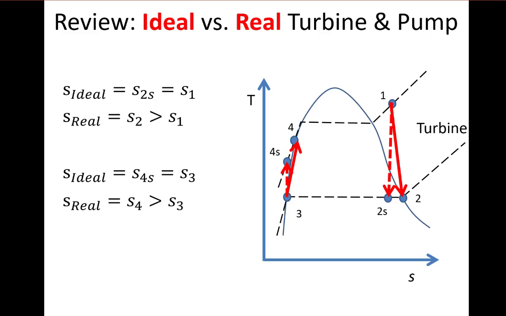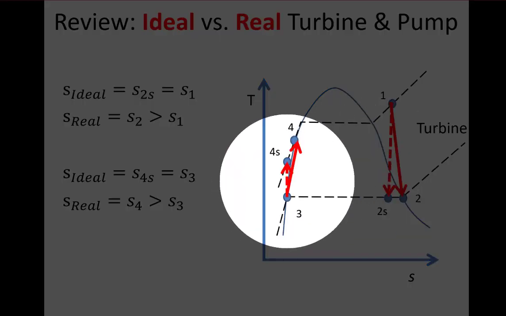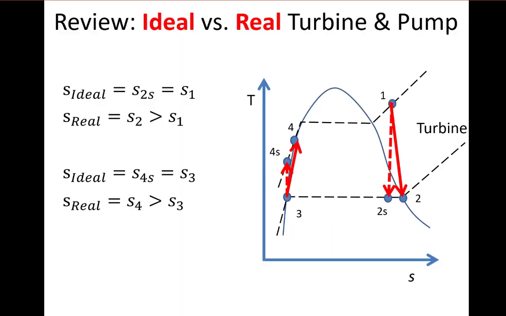How much power would that ideal turbine produce? And how much power are we producing in the real turbine? If I take the real turbine power divided by the ideal turbine power, I can define an efficiency for the turbine. The pump works a little differently because we're consuming power there. I probably have these equations on the next sheet.